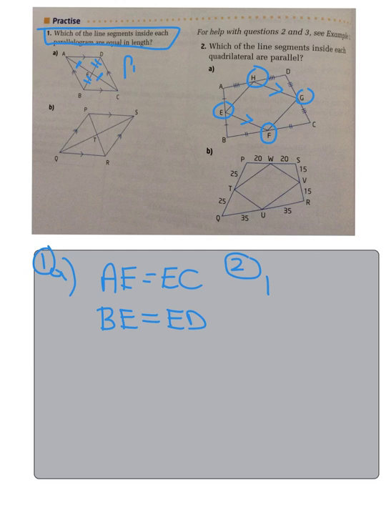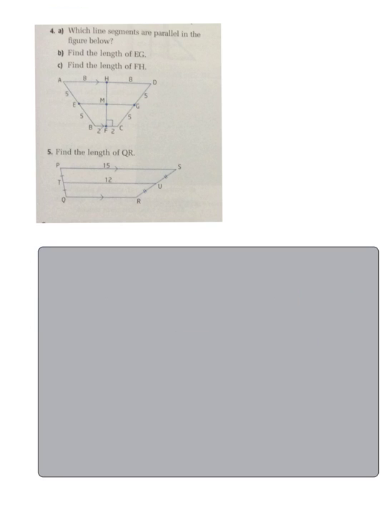So HG is parallel to EF, and that's the parallel sign. And of course we know that FG must be parallel to EH. And then you can do the same for B, work out the parallel sides.